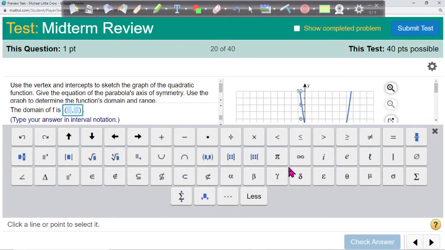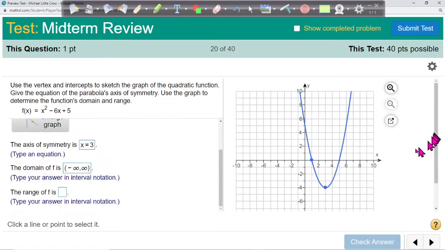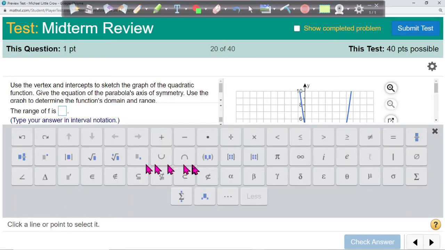And then we go a few less buttons to click on, right? Arrow over. There we are. Okay, so that's good. And then the range, well, the lowest y value is -4, and it goes up, and we can see -4 is included. So we use a square bracket. These look like matrices. Do we have a square bracket?